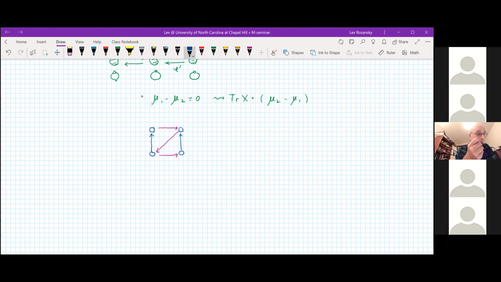So if you introduce pink arrows, then each triangle gives you a piece in W. You just compose them and take the trace. And the pink ones are auxiliary variables, and this describes a nice Lagrangian correspondence between two cotangent bundles to Grassmannians, which says, of course, that one subspace should be the subspace of the other, and then you take a normal bundle.